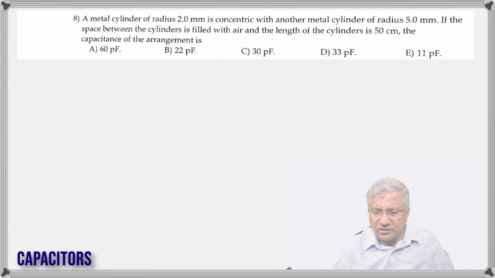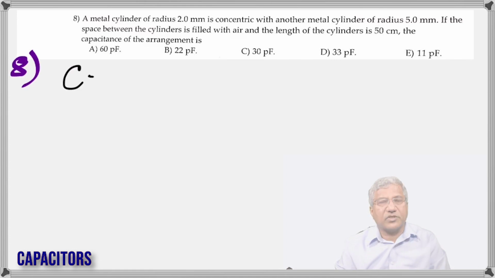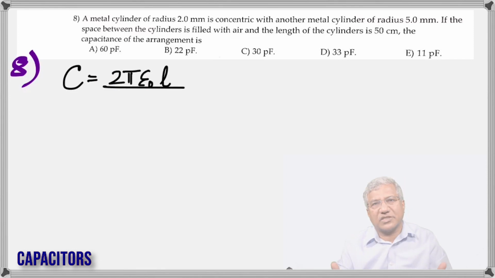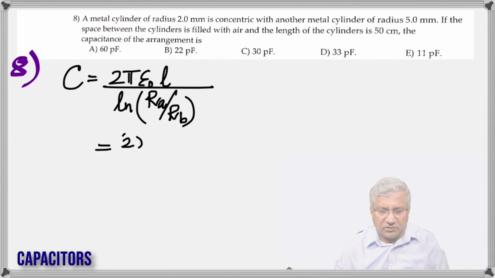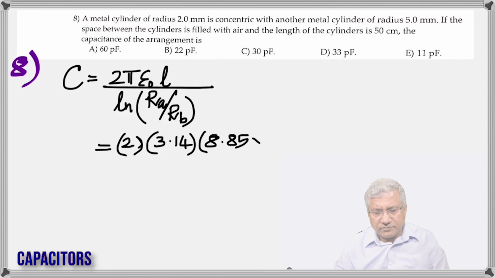Again, a cylindrical capacitor, so we've done this before. We know that the formula for capacitance of a cylindrical capacitor is what? 2 pi epsilon naught L by natural log of RA by RB. A is the outer one, B is the inner one. Everything is given here, so it's just math. 8.85 times 10 to the negative.